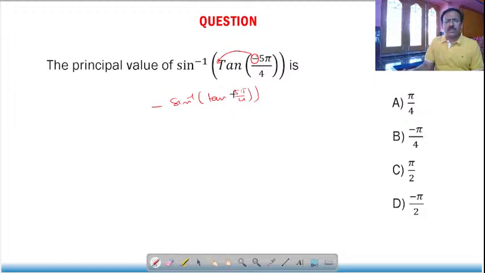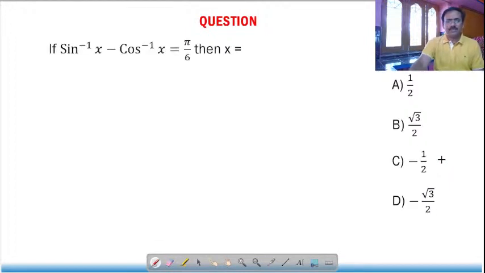Tan 5 pi by 4 means tan of pi plus pi by 4, which is tan pi by 4, which is 1. So minus sine inverse of minus 1, which is, friends, sine inverse 1. Sine inverse 1 is just pi by 2.